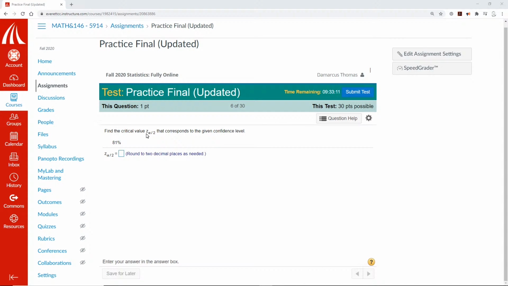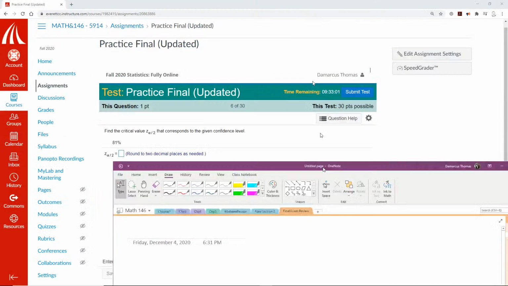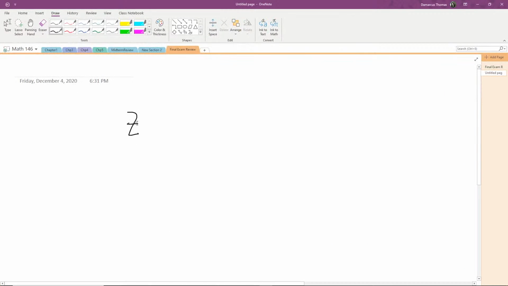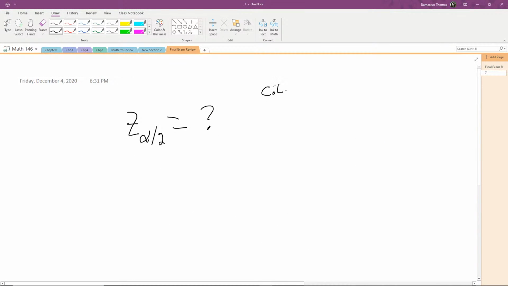Find the critical value, z sub alpha divided by 2, that corresponds to the given confidence level. So we need to find z sub alpha over 2, and we're given a confidence level of, what did they say, 82%? 81%.